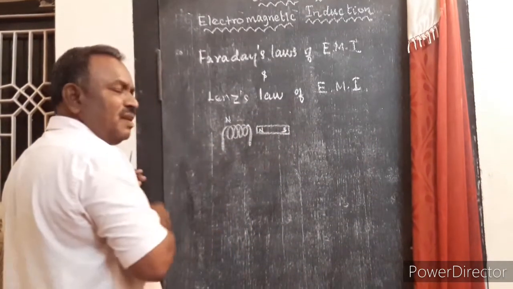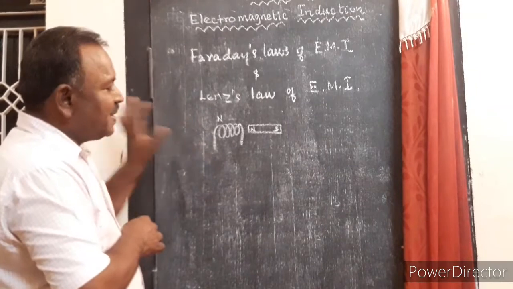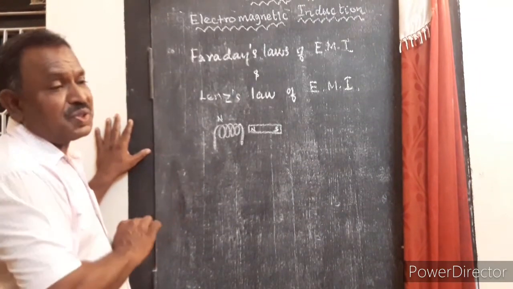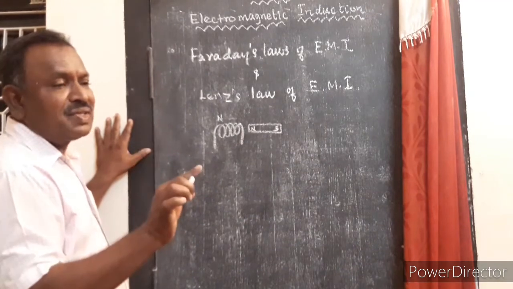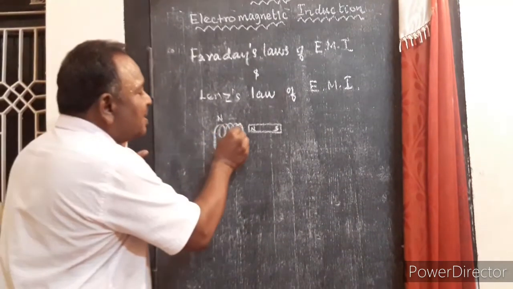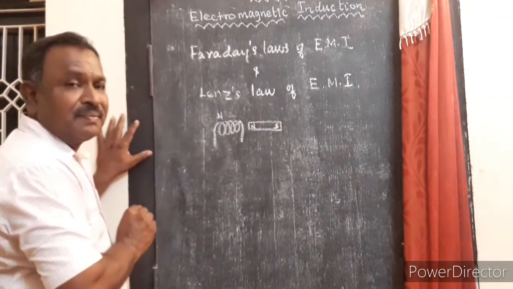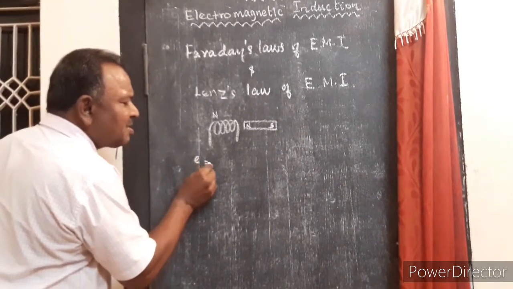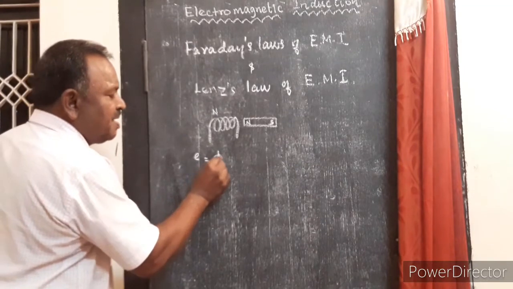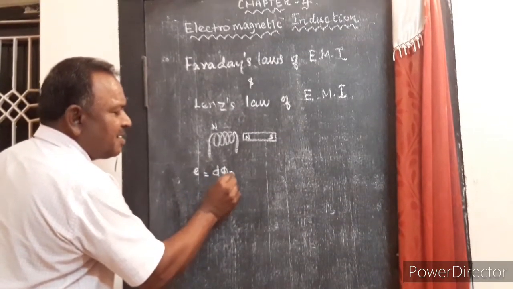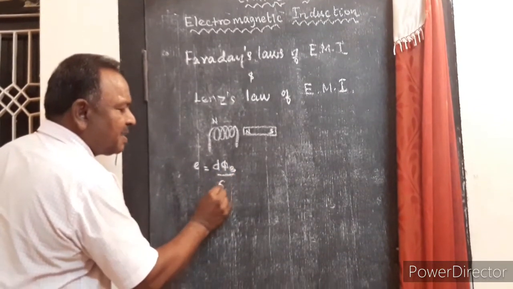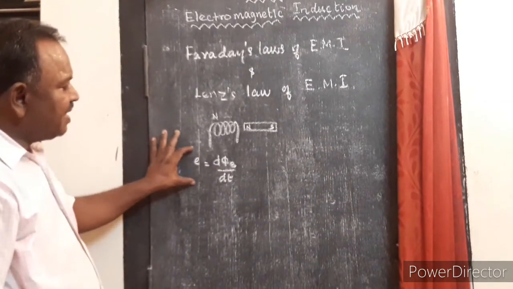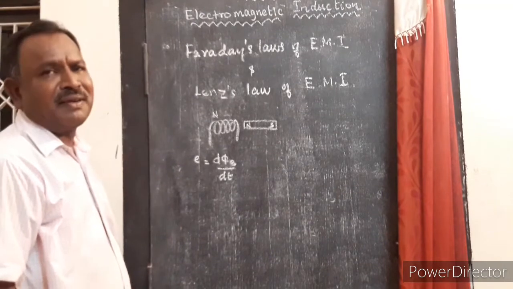Whenever we move this magnet, there arises a change in the magnetic flux. Suppose ΦB is the magnetic flux linked with a single turn, then the induced EMF in the single turn of the coil is given by the rate of change of magnetic flux.